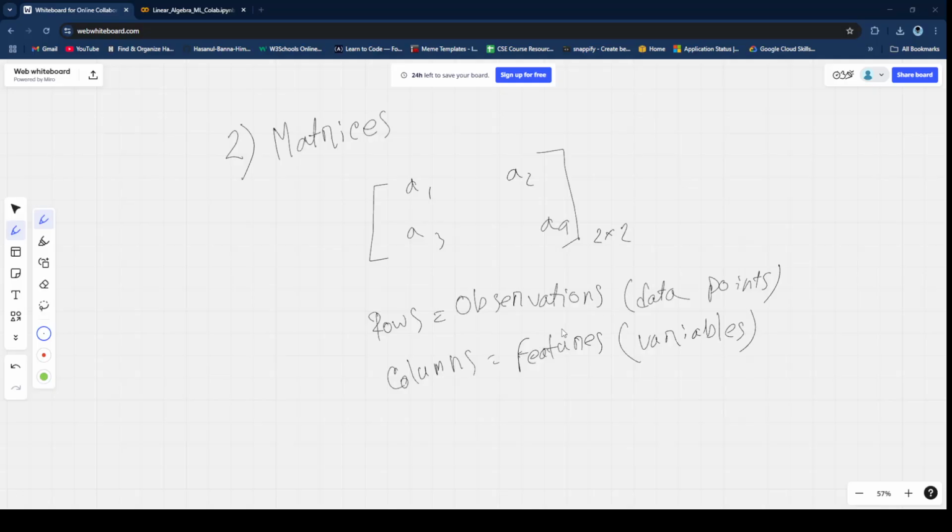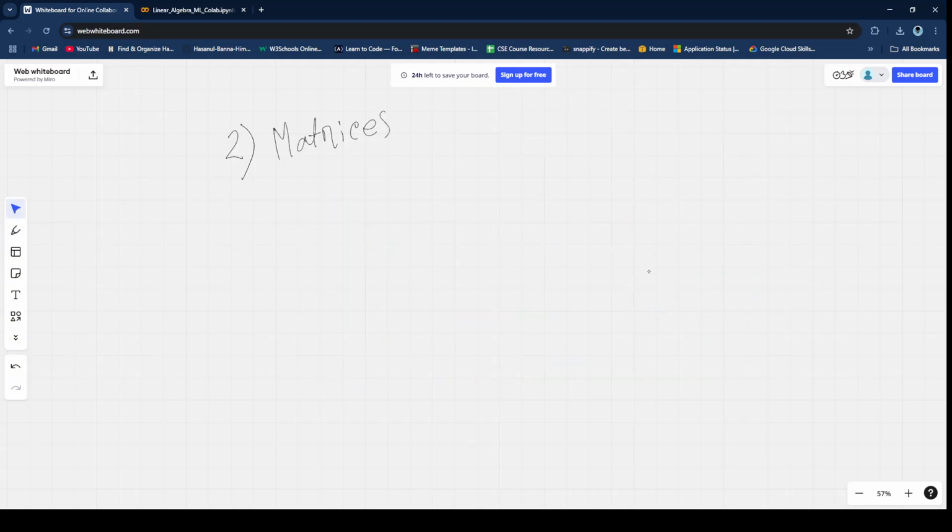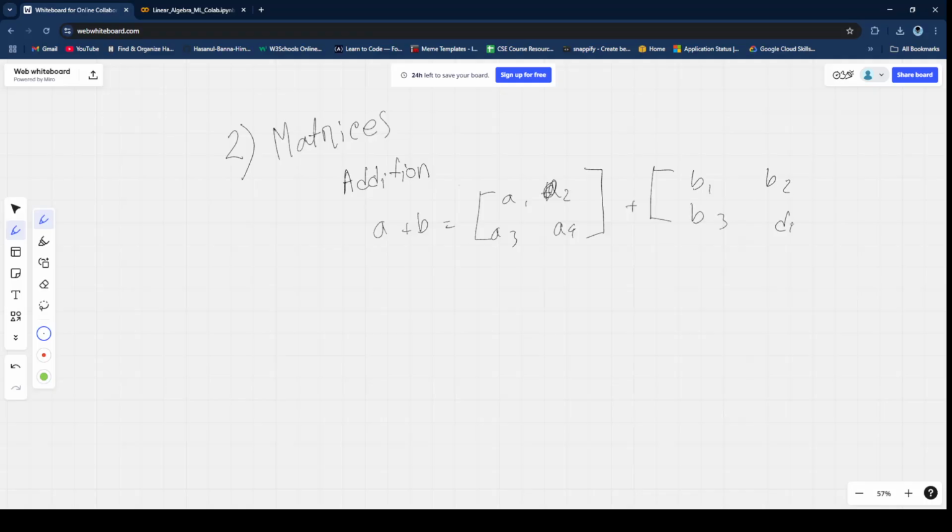Now we will also cover some simple matrix operations. We have the addition, a plus b. Let's say I have a matrix A of a1, a2, a3 and a4, and I want to add b1, b2, b3 and b4.